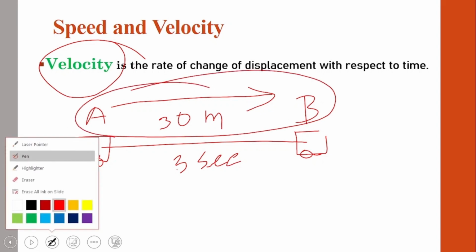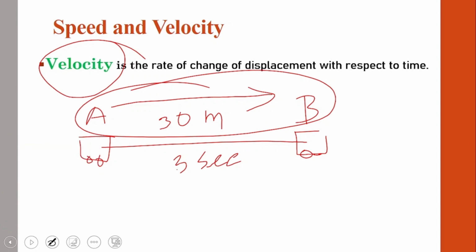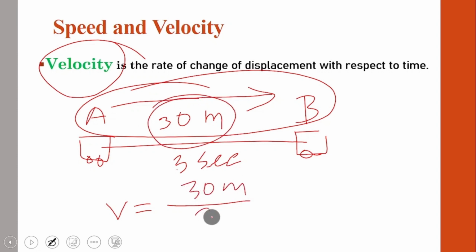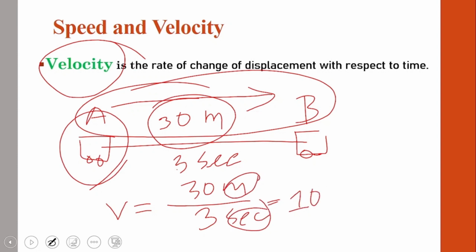Now, velocity is the rate of change of position, that is displacement, with respect to time. Here displacement is 30 meter and time is 3 seconds. So we can say the velocity of that object is 10 meter per second. That means in 1 second, 10 meter.